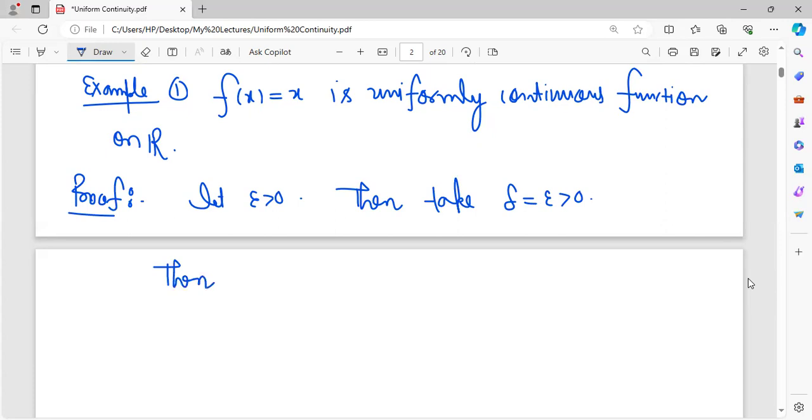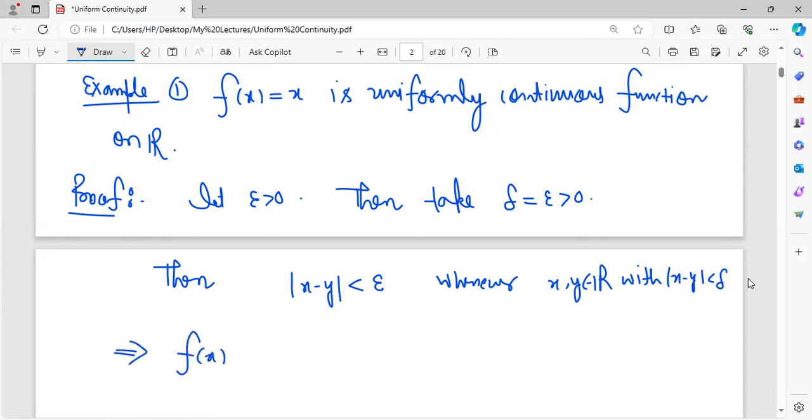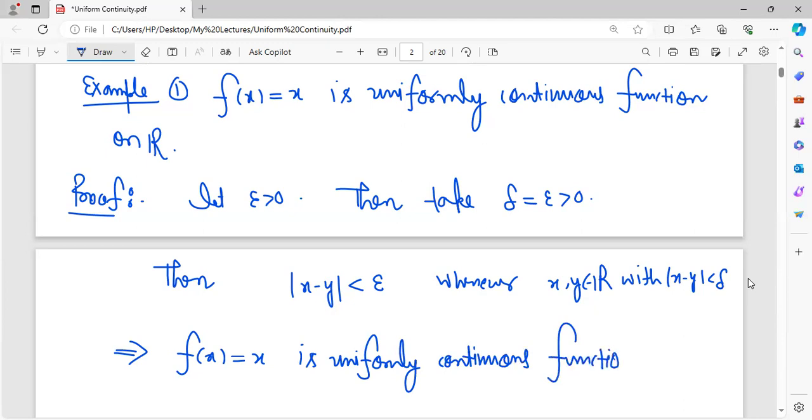Then obviously |x - y| is less than epsilon whenever x, y belong to R with |x - y| less than delta. Because delta and epsilon are the same, this is automatically true. This implies f(x) = x is uniformly continuous on R.